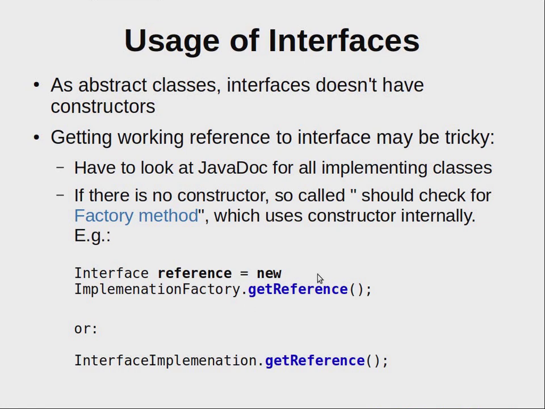But if you need to create such an object by yourself, you still need to know what classes are implementing this interface, or in more abstract terms, what are the concrete classes which allow you to create instances from this interface.